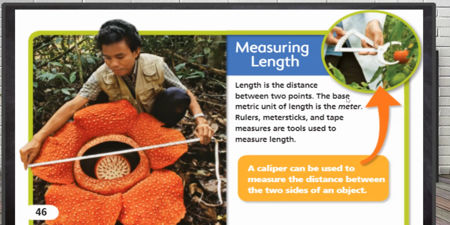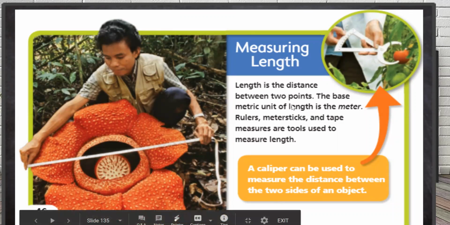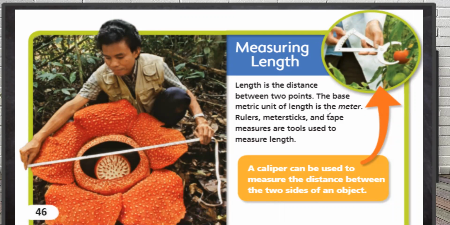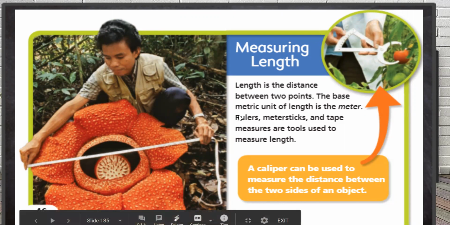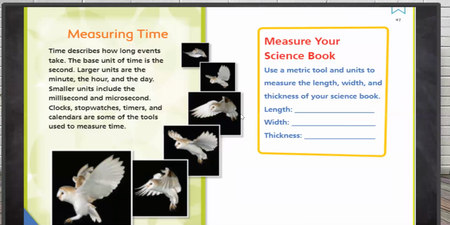You are going to use meters or centimeters or inches. So to measure length, you are going to use the unit meter, okay? There are some other tools, just like I told you: rulers, meter sticks, or tape measures. Also, these are used for measuring the length.